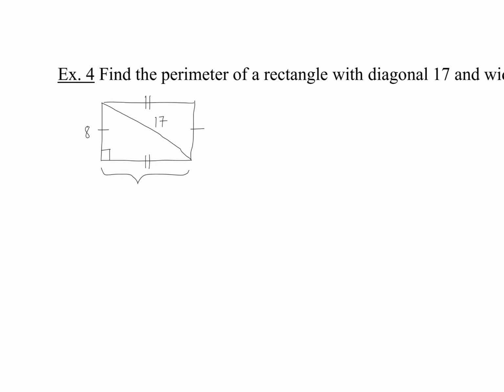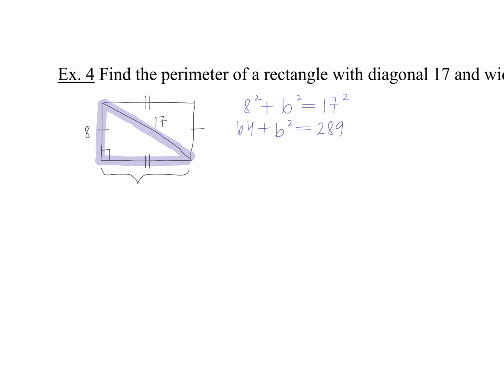Okay, so let's plug into our Pythagorean theorem since we have that right triangle being formed here. So we have 8 squared plus b squared is equal to 17 squared. 8 squared is going to give me 64 plus b squared equals 17 squared, which is 289.